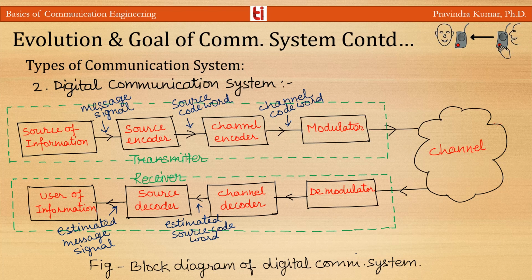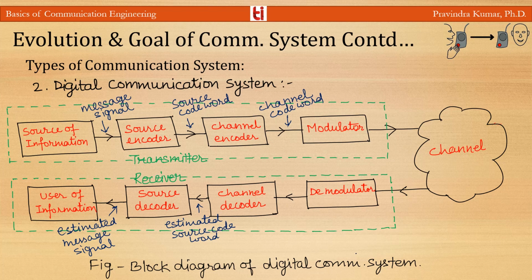So you can see here that in source encoding the redundancy is removed, whereas in channel encoding the redundancy is introduced in a controlled manner. Source encoding alone or channel encoding alone can be performed.